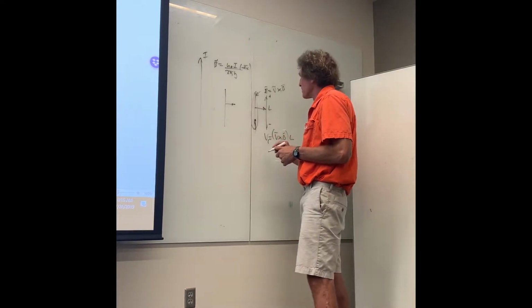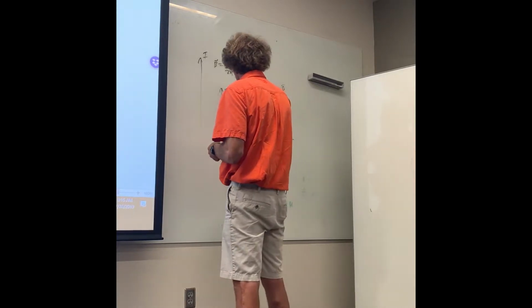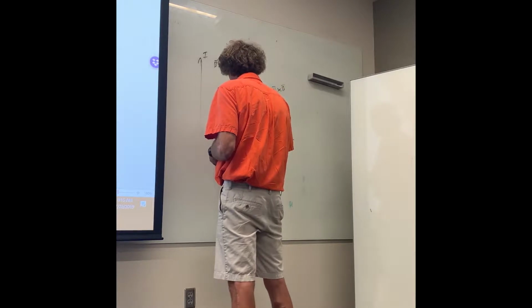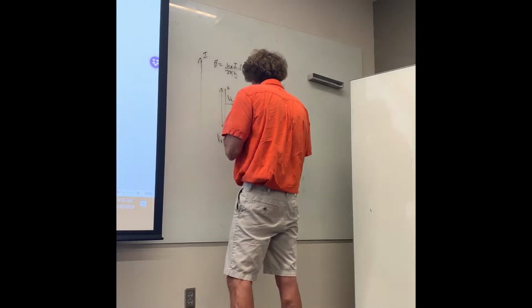I'll call this V1. This one will also have an EMF, plus or minus, and I'll call that V2, and V2 will just be equal to V cross B times L as well.